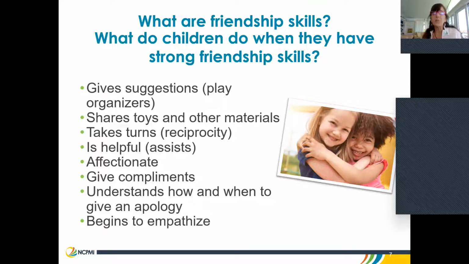So it does really compound. And that's why when you look at kids who really struggle later in life, you can go back to preschool and see that the patterns were starting there. So that's why it's so important to think about these friendship skills because it's going to make such a world of difference for these kids.